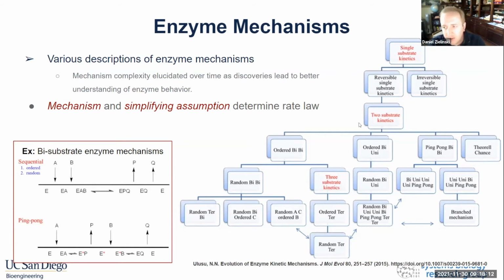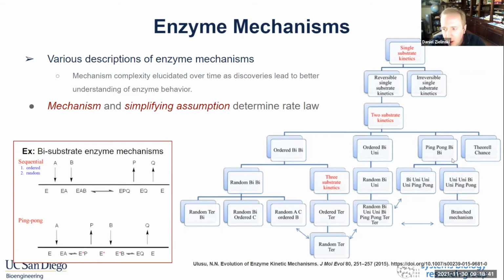And the majority of reactions involve two substrates somewhere. And so we have to deal with the variety of mechanisms that can pop up. Very broadly speaking, we're dealing with either sequential mechanisms, where one substrate binds, then another binds, and then some kind of reaction occurs, and then the products pop off.